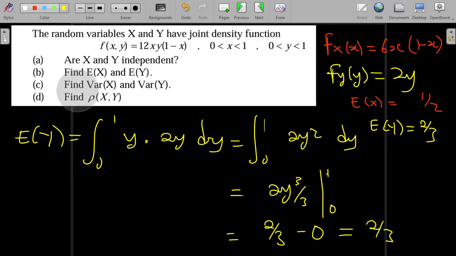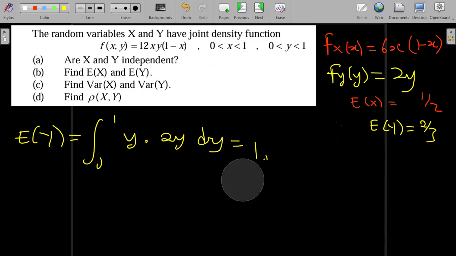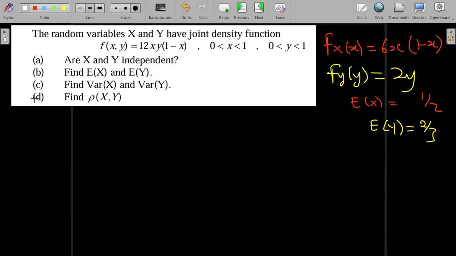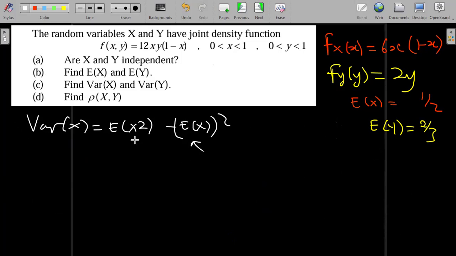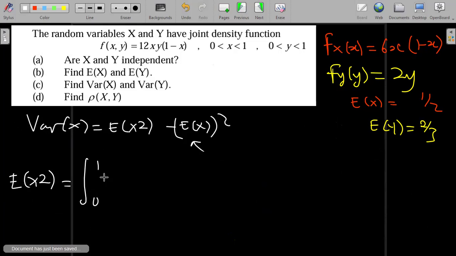Okay, let's find the variances. So the variance of x, okay, recall, the variance of x is just going to be equal to the expected value of x squared minus the expected value of x, and then squared. So this we already have. We just have to find this guy. So expected value of x squared is equal to the integral from 0 to 1 of x squared multiplied by the marginal of x, which is 6x(1 minus x) dx.